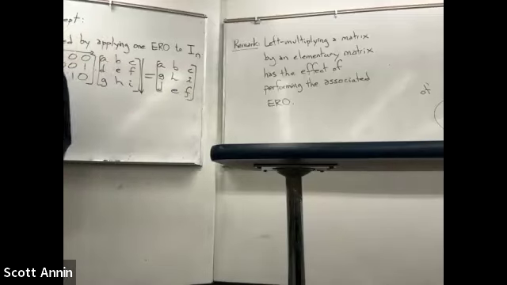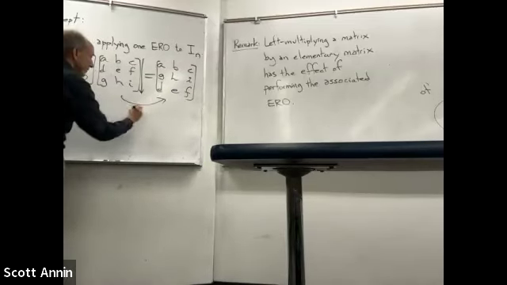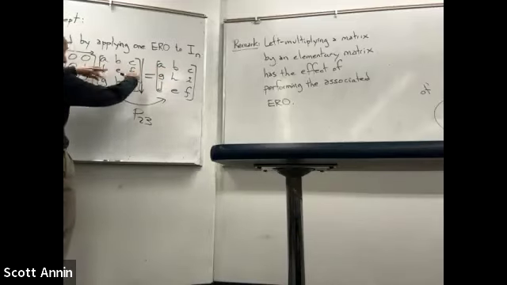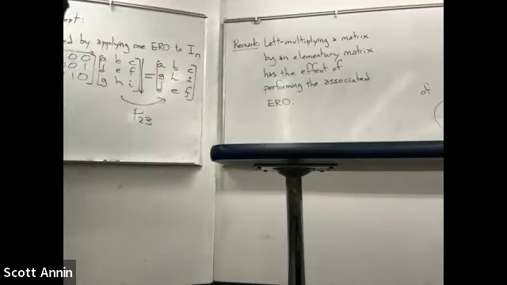Look what happened. The associated ERO that created this elementary matrix is effectively what happened here. The second and third rows of this random matrix got switched.